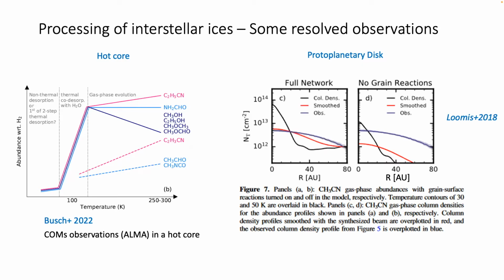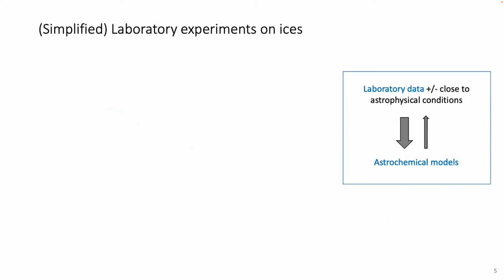You need to include solid phase reactions to explain the gas phase abundances. So you really need these solid phase processes. And it's also true for PDR regions, as was shown by Vivenia Guzman and co-authors in 2011.